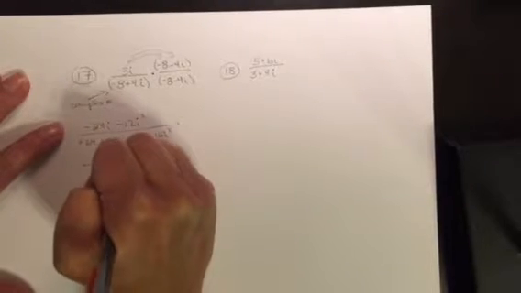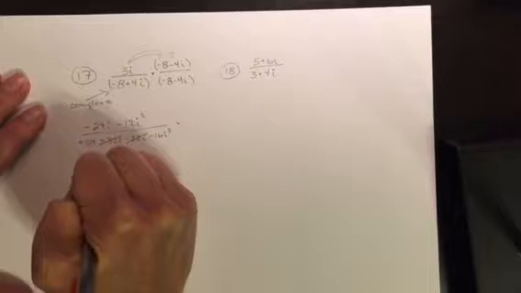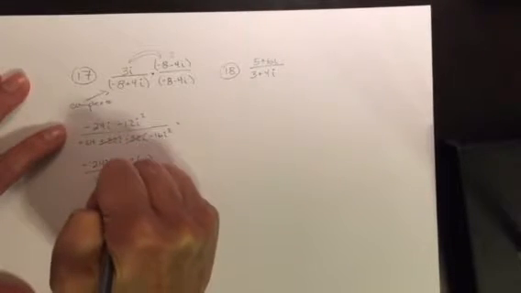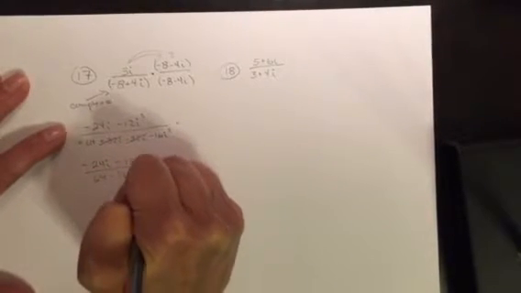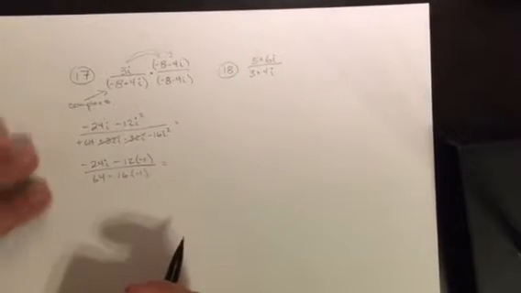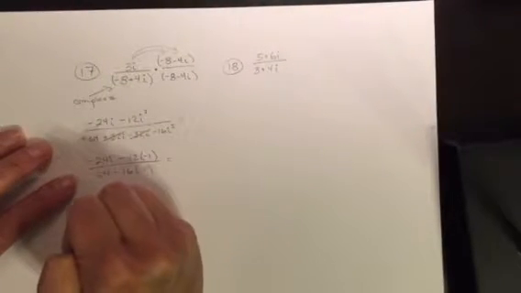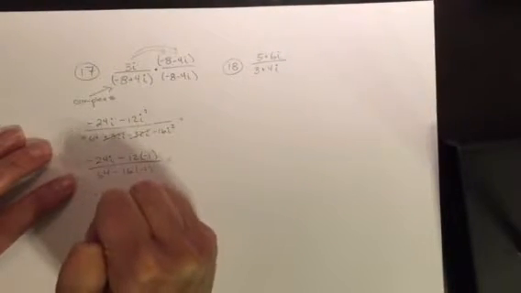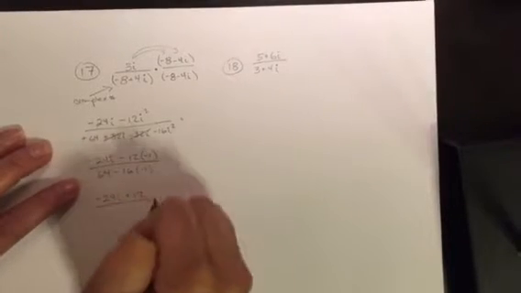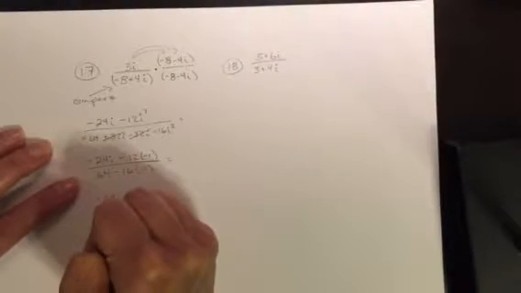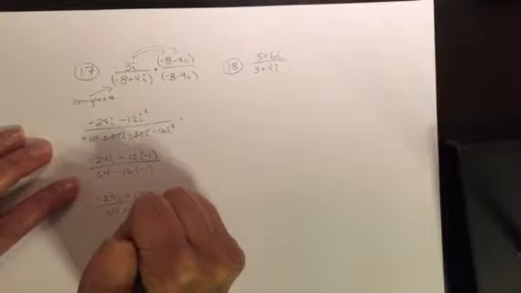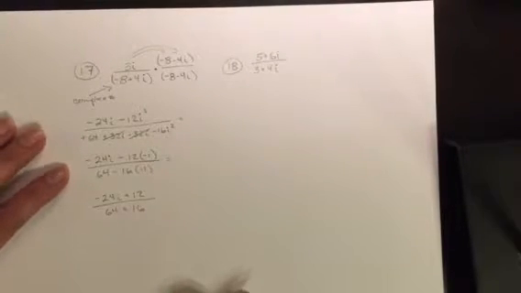So 24i minus 12 times negative 1. 64 minus 16 times negative 1. So now I have negative 24i plus 12. And then in the bottom I have 64 plus 16.